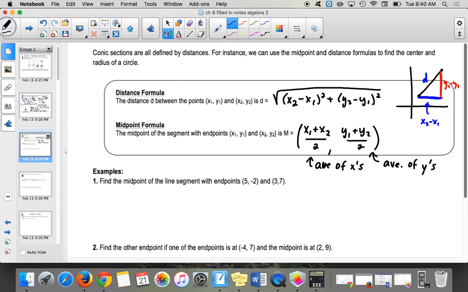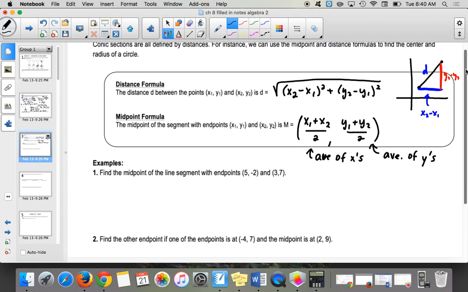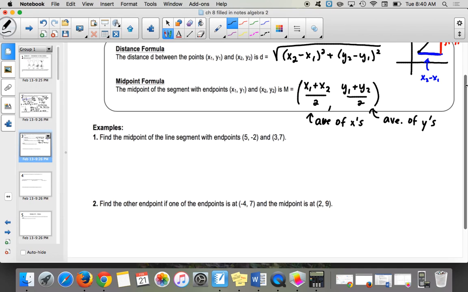So number 1. Find the midpoint of the line segment with endpoints of (5, -2) and (3, 7). So our midpoint we write as a point. Notice how I did parentheses and I put a comma in between? We always do that for a midpoint. It's a point. So I'm going to add my x values together, so 5 plus 3 divided by 2. And I'm going to add my y values together, so -2 plus 7, and then divide by 2.